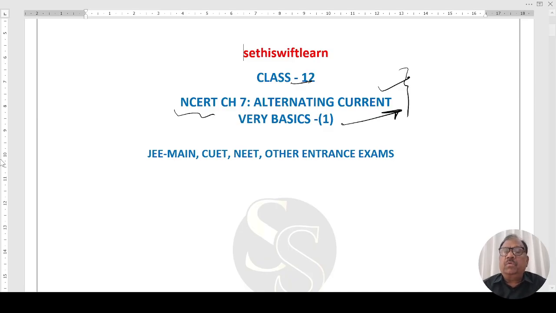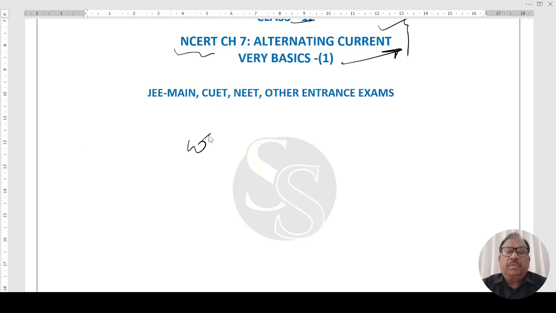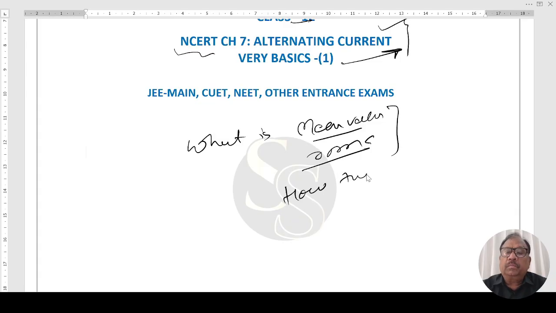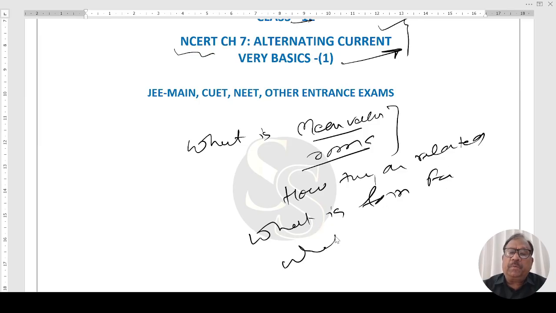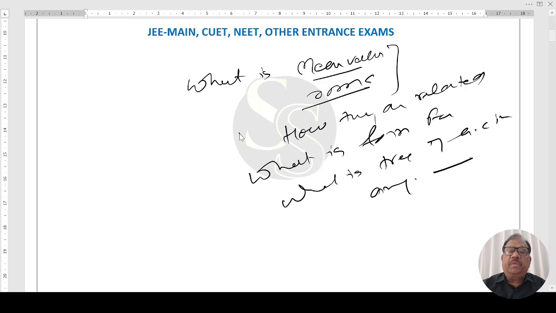In today's session, we are going to discuss what is mean value, what is RMS value, how they are related, what is form factor, what is the frequency of AC in India, what is the angular frequency of AC in India, and number of points which will be very useful for CBSE purpose, NEET exams and JEE exams. Please go through the complete session.